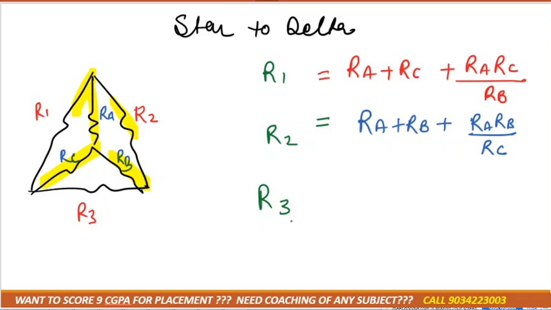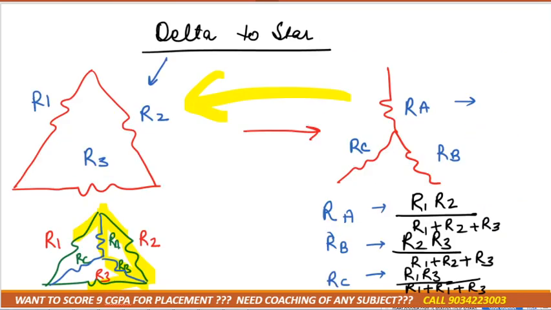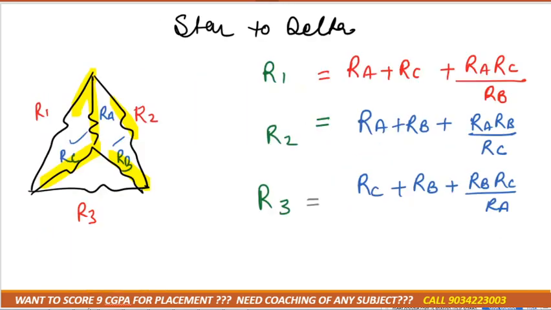Similarly, R3 would be equal to how much? It is connected between RC and RB. So it would be RC plus RB plus RB into RC divided by RA. Okay, clear? Any doubt? So these are the formulas which you need to remember for the star to delta conversion.